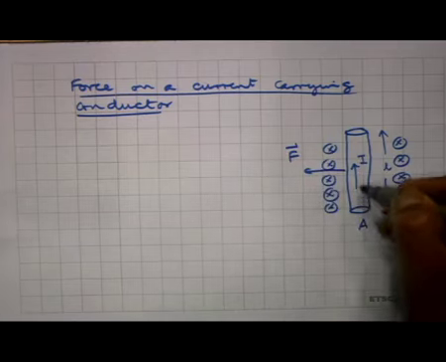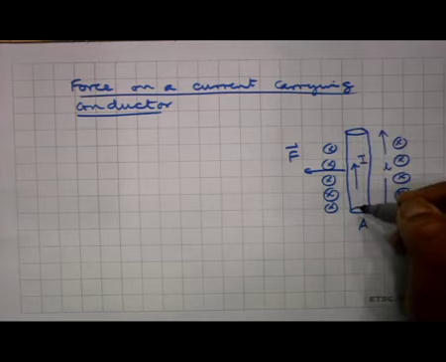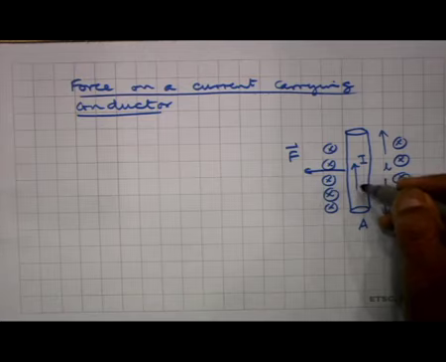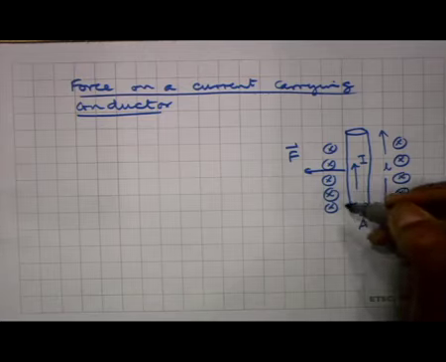So, when a current is flowing through a wire in the upward direction, the magnetic field has a force on the wire which is towards the left as drawn here.